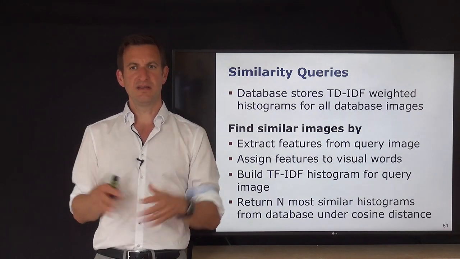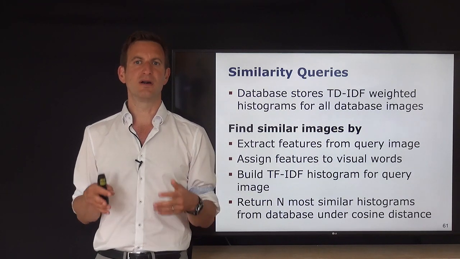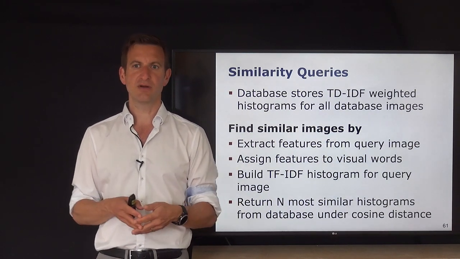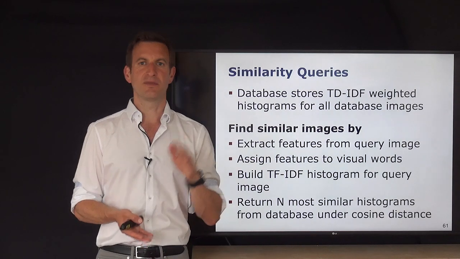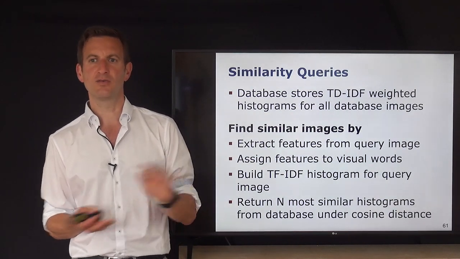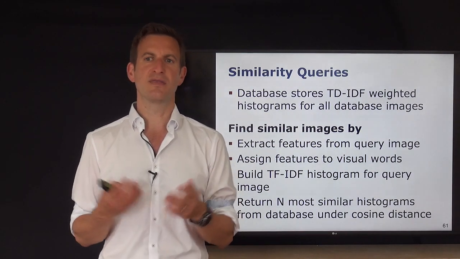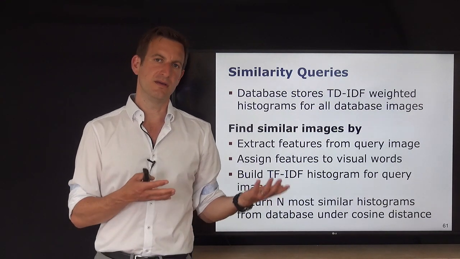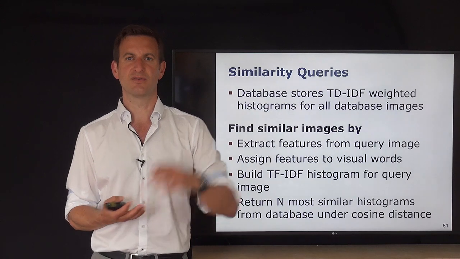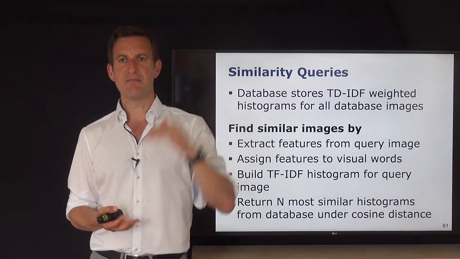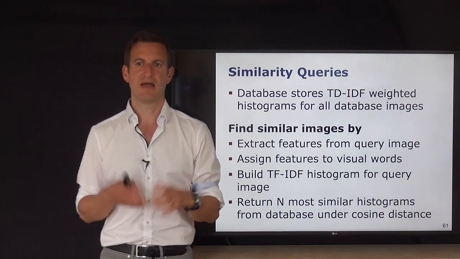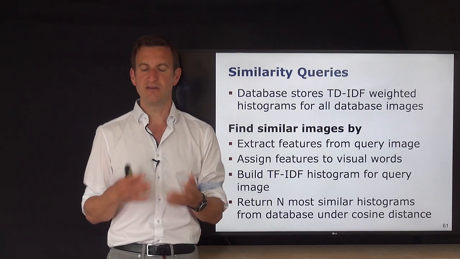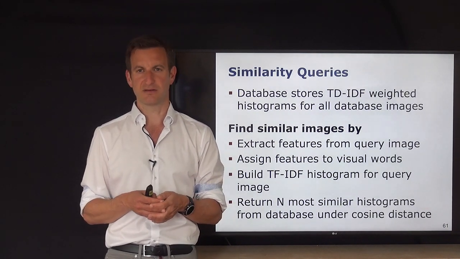Then we build the TF-IDF weighting for our histogram, so we need to reweight the histogram. And then we just perform the cosine distance comparison to all images in the database and return the n most similar histograms from our database, or the images corresponding to those histograms. And then I basically get my most similar images. And that's basically it. That's how TF-IDF actually does it.